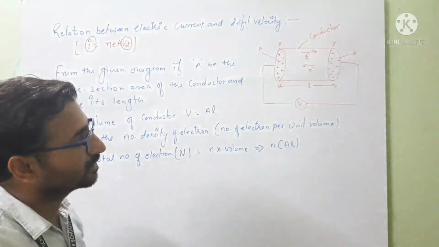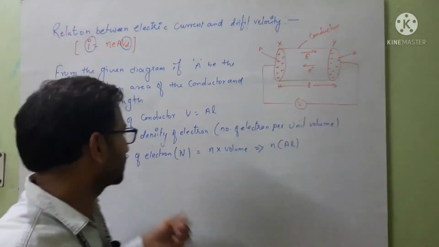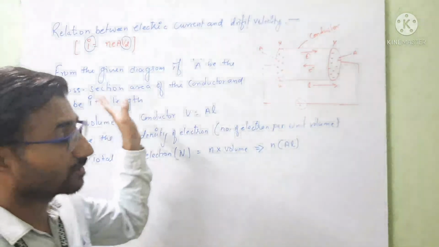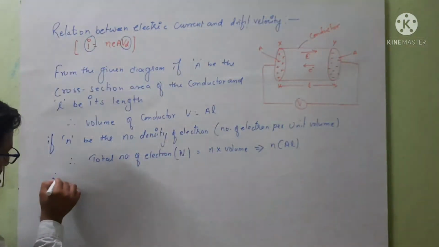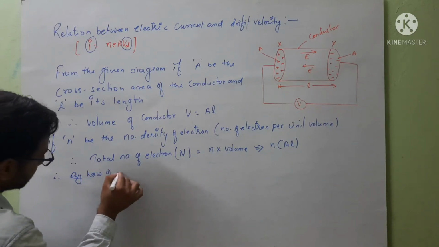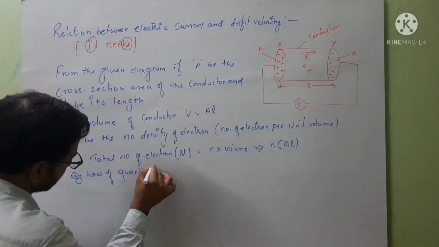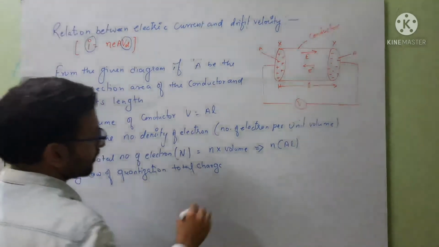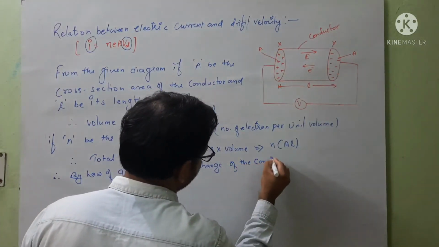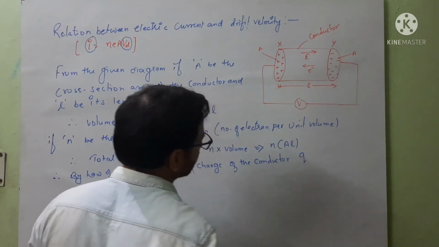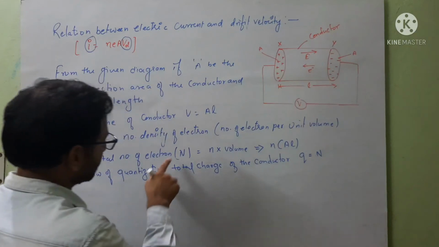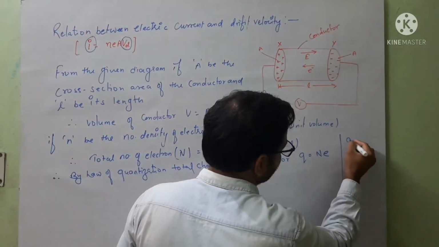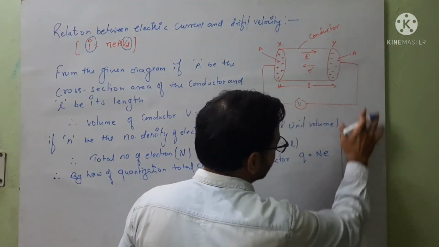So by the law of quantization, suppose the total number of electrons is capital N, then the total charge of this conductor, because we are calculating the charge Q, is Q equal to Ne, where N is the total number of electrons and e is the charge on one electron. By this formula, Q is equal to Ne. In magnitude I will take Ne only.